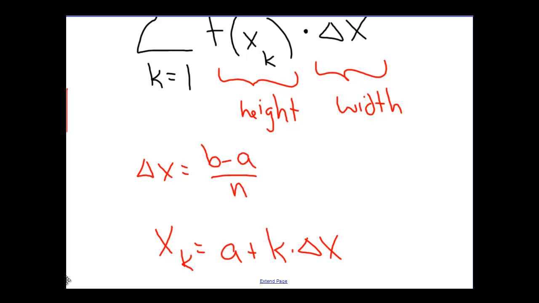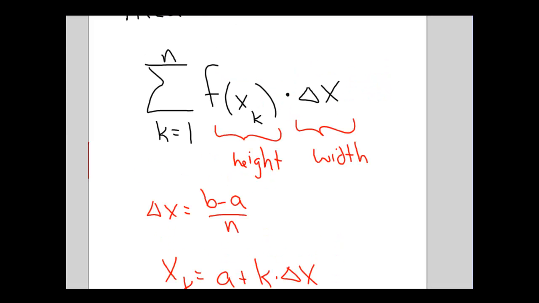So when k is 1, we're at the right-hand side of the first rectangle, and so on and so forth. This definition, this collection of things together, gives us an area estimate. So the collection of things that we have together here gives us our estimate of our area.